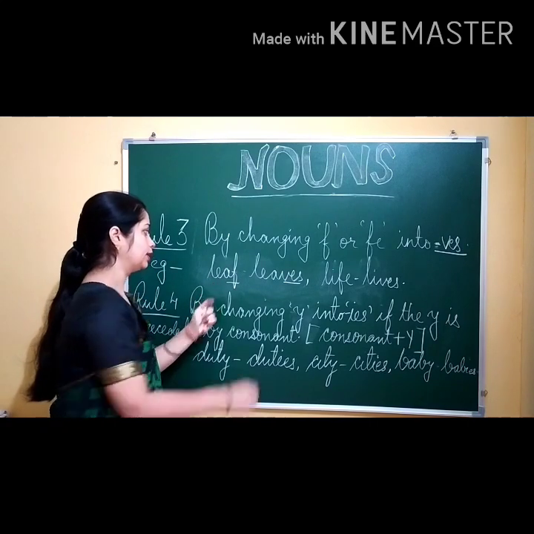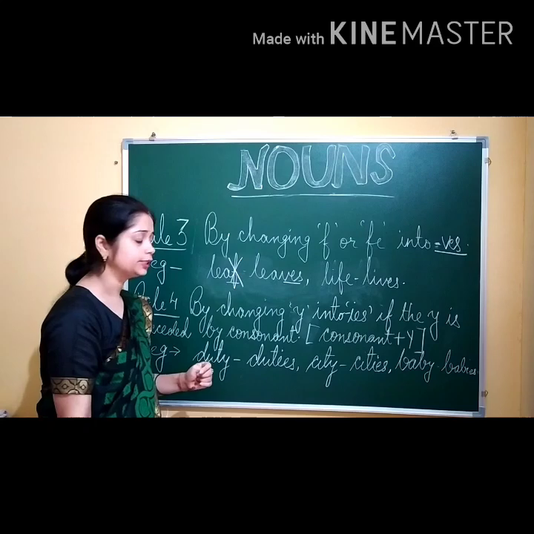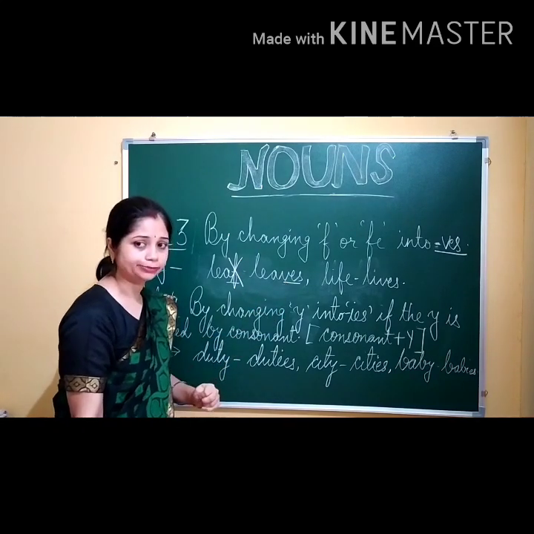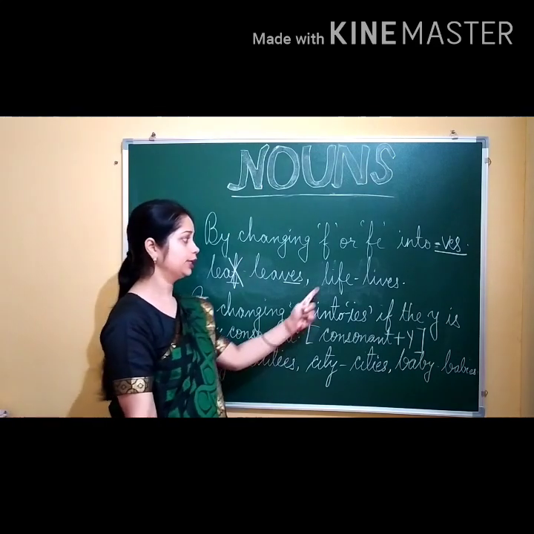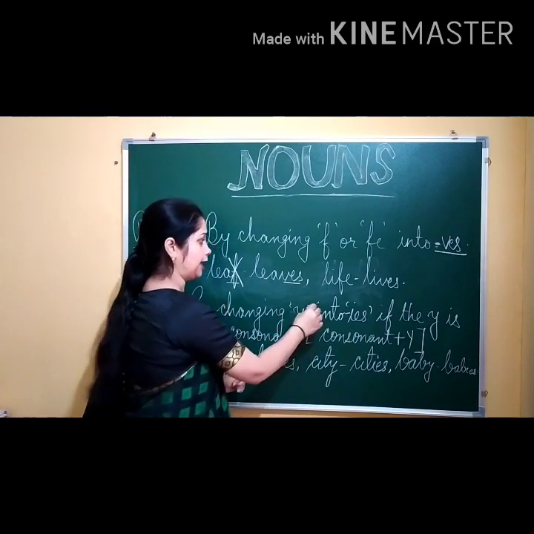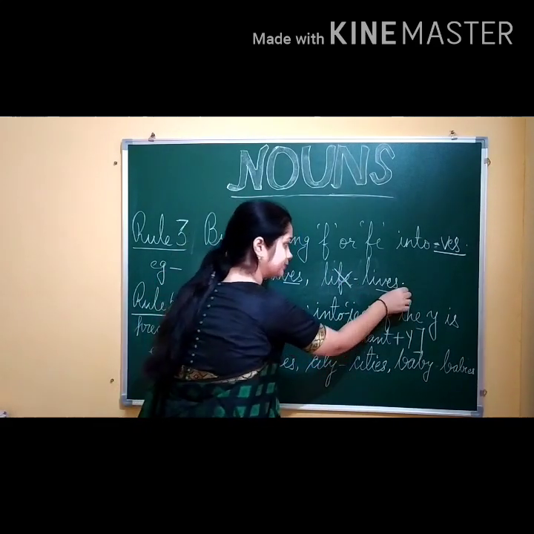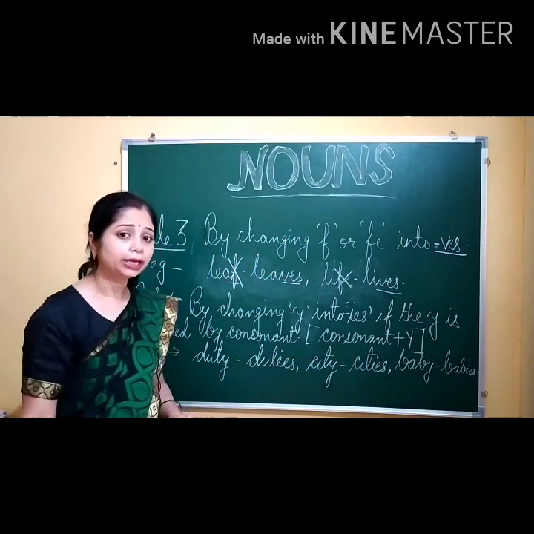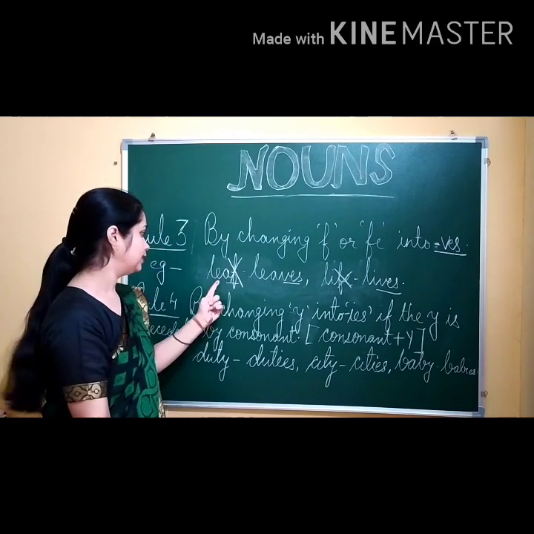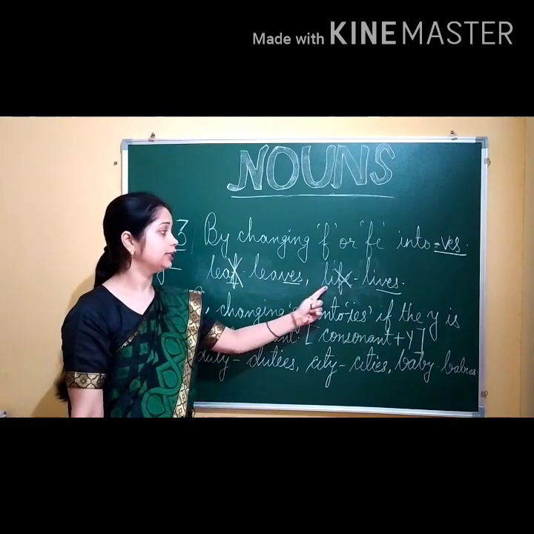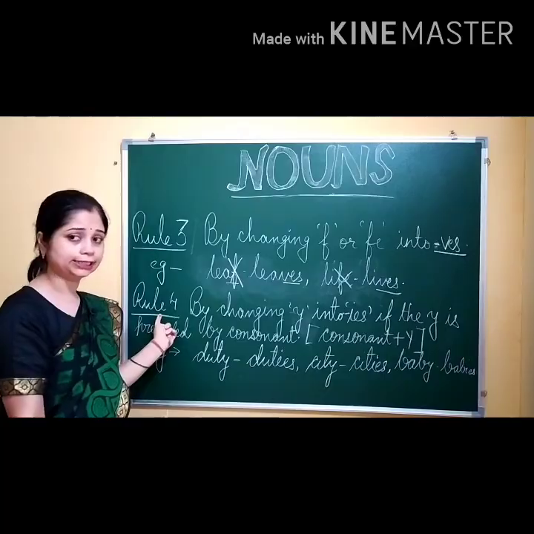Leaf, f has been removed and ves has been added to change its form to plural one. The same way, life, fe has been removed and ves has been added to make it into plural form, that is lives. Leaf, leaves, life, lives.